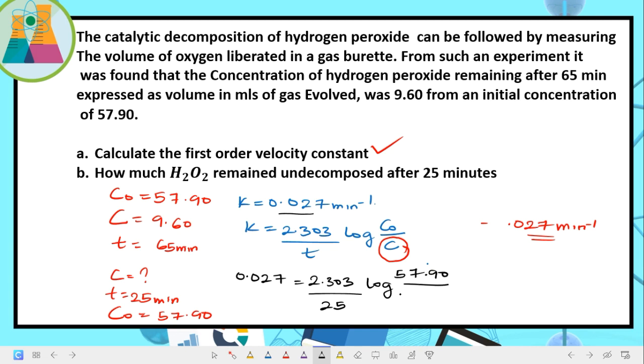And what is your C? C is unknown. That is what you are looking for. So at the end of the day, you divide this and this, or you can cross multiply, but I would prefer that you divide this and this and get your answer. So what would that give to us?